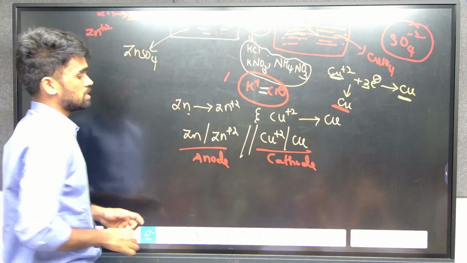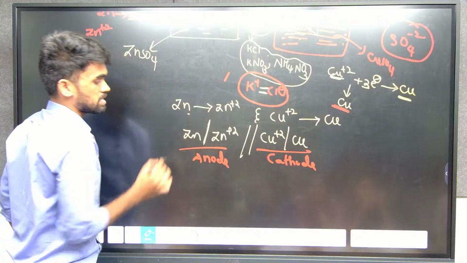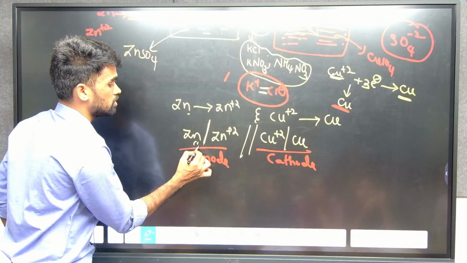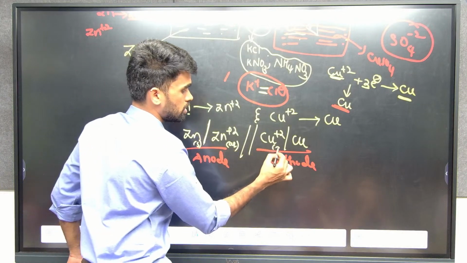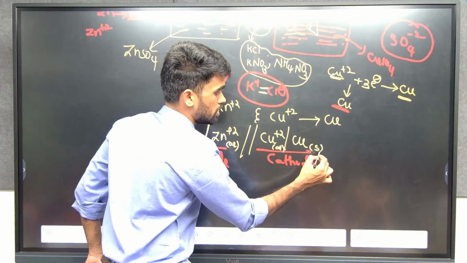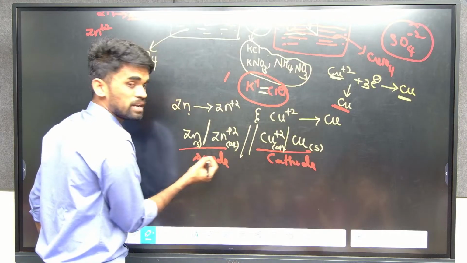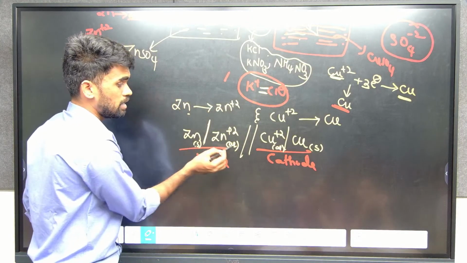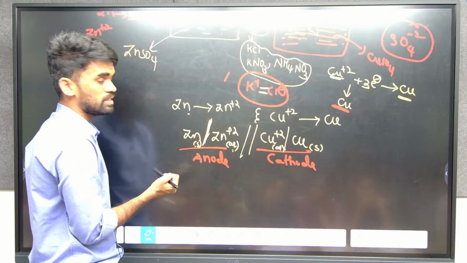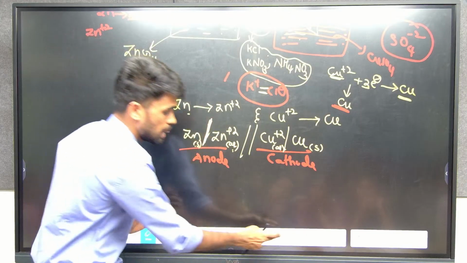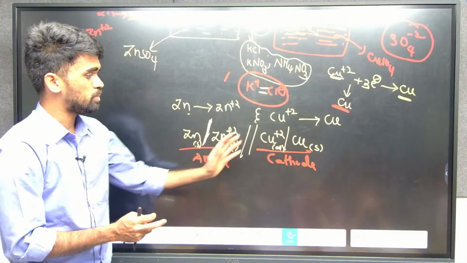What is the use of the single slash? Zinc is a solid but Zn2+ is aqueous; copper 2+ is aqueous and copper is solid. There is a phase difference, so it is separated with a single slash. So first anode, salt bridge, next cathode.